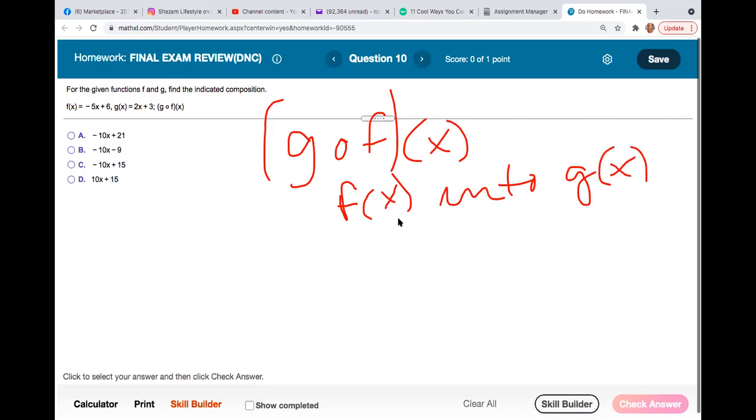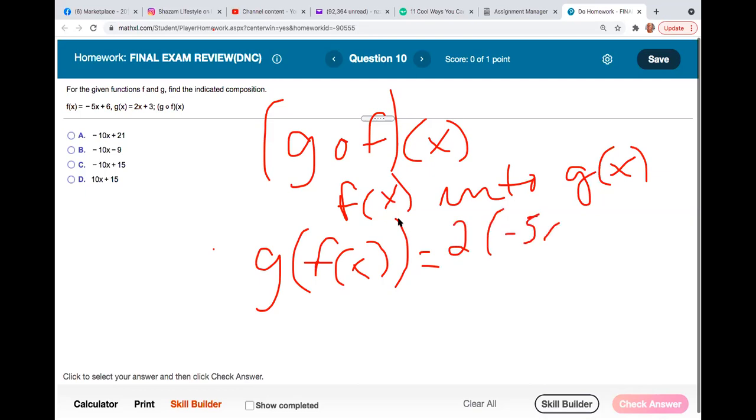So you go into the g function and substitute the -5x plus 6 into the g function for x, guys, because you are taking f of x and substituting that into the g of x function.